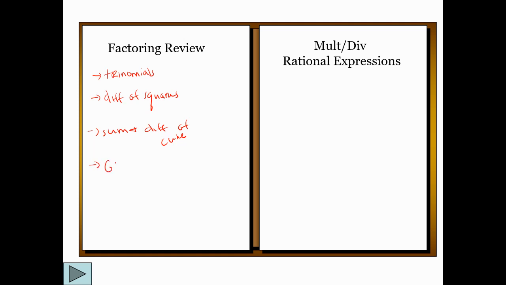Greatest common factor. Right? Maybe something's not factorable and that's called prime. Right? Like you have a lot of resources, use them. Go back and review factoring, and as you're reviewing it, write those practice problems in here so that you have things to go back to.